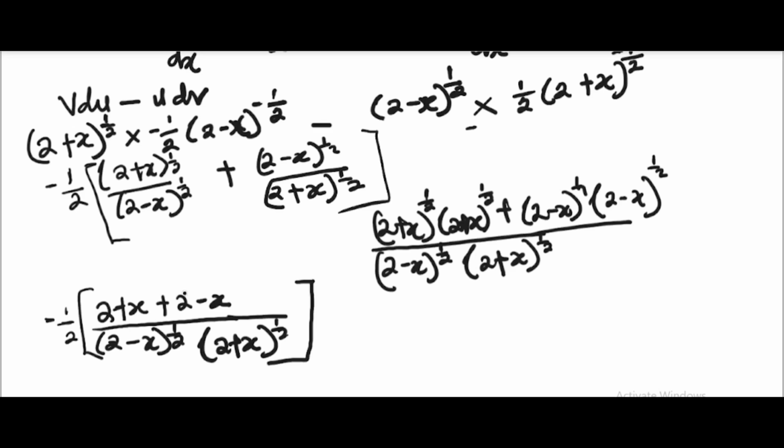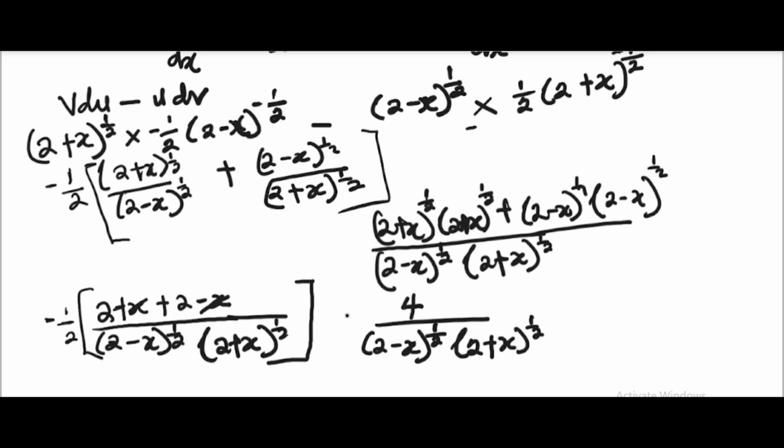Okay, now simplifying in the numerator, this will go. So we have 4 over 2 minus x raised to the power of half times 2 plus x raised to the power of half.